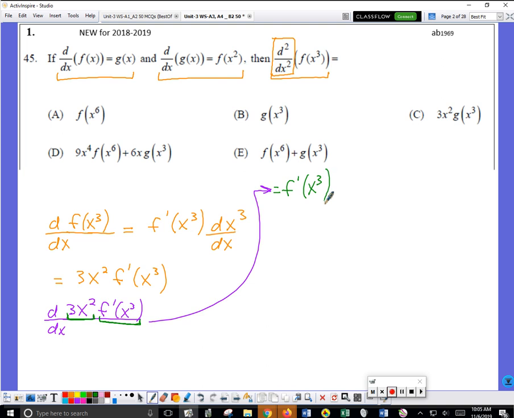That gets multiplied by d dx of 3x squared. And let's see, minus, no, plus, sorry, 3x squared. And then d dx of f prime of x cubed.